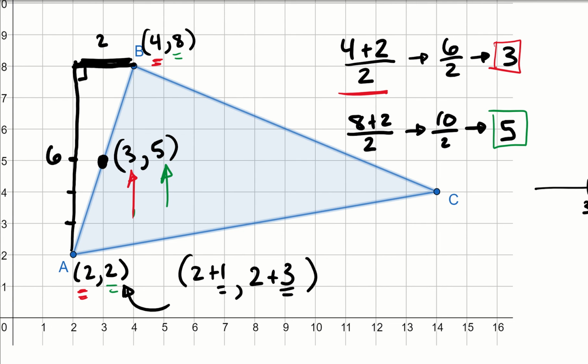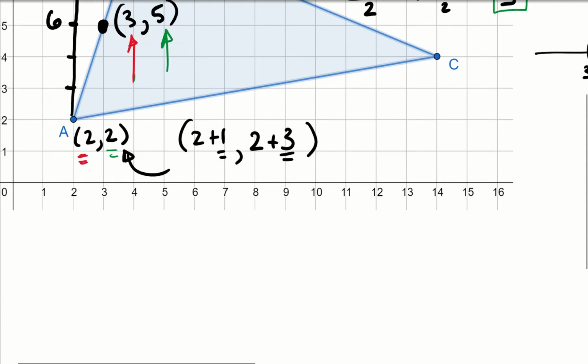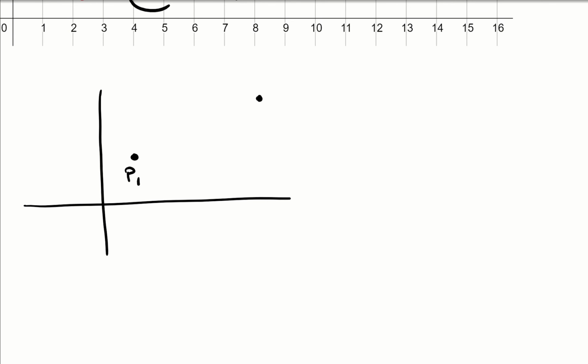Now, if I was going to completely abstract that and think about it not in terms of a particular point, but just an abstract point, let's say that I have two different points on the Cartesian coordinate plane. I'll call this point 1, and I'll call this point 2. In point 1, I have the coordinates x1 and y1.